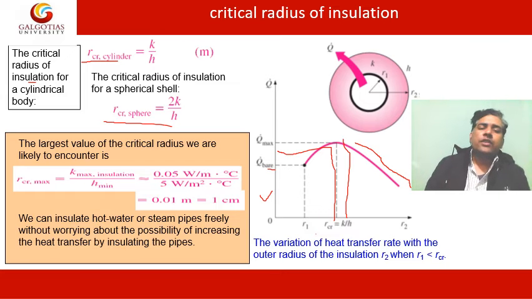The largest value of critical radius we are likely to encounter is k max of the insulation upon h minimum, which is equal to 1 centimeter. So we can insulate hot water or steam pipes freely without worrying about increasing the heat transfer by insulating the pipe.